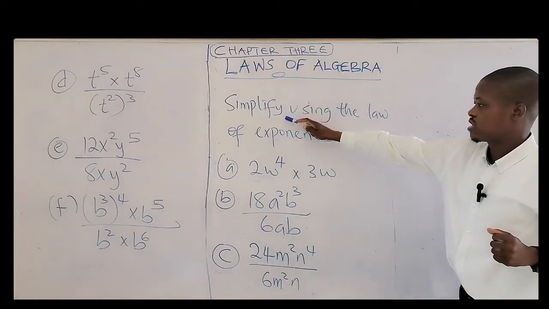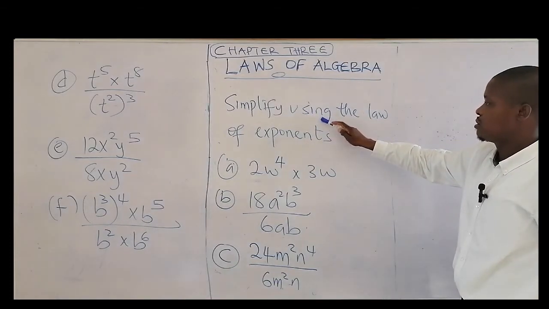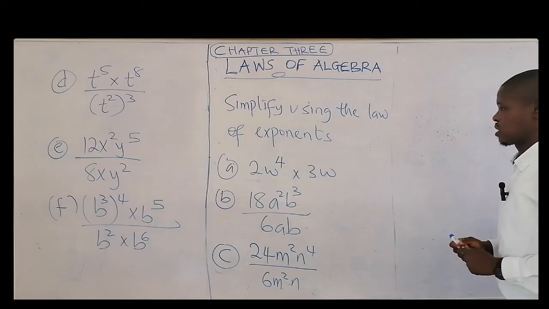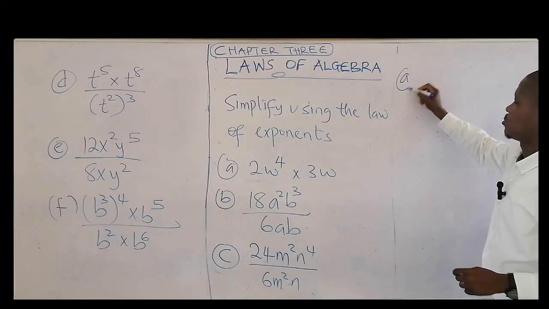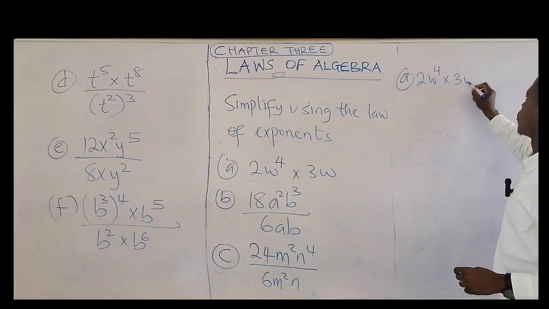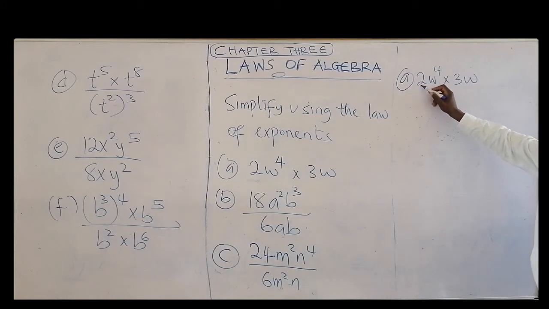We have this question simplified using the law of exponents. The first question that we have there, we have this one. So all we're going to do now is multiply the numbers together, 2 times 3, that's 6, then this one and this one.